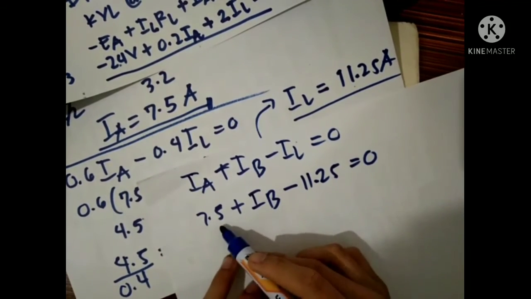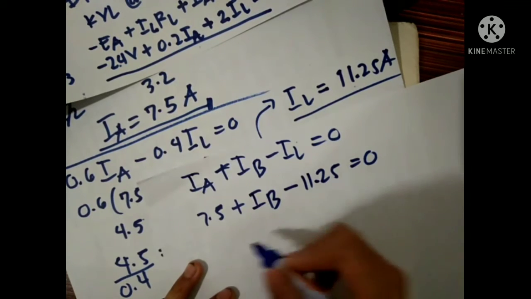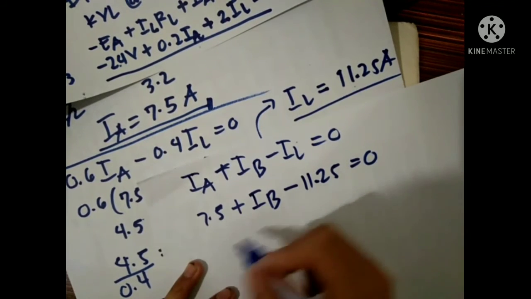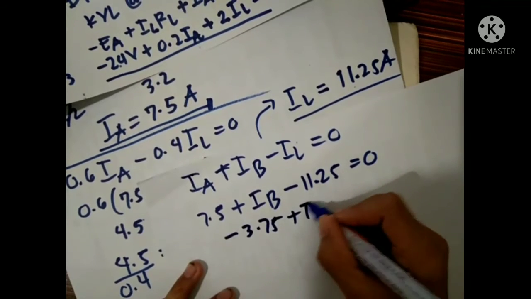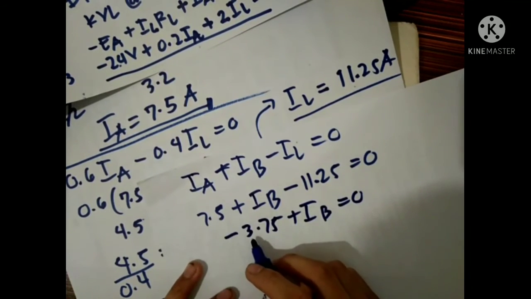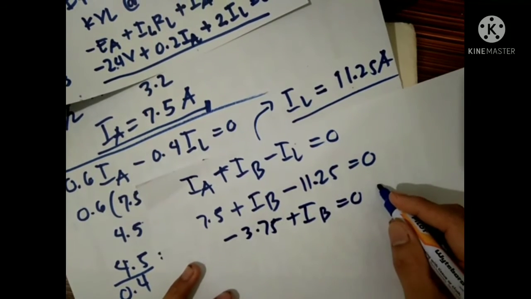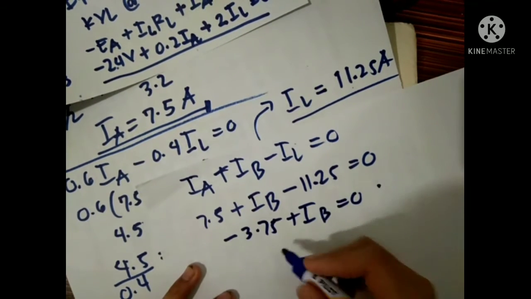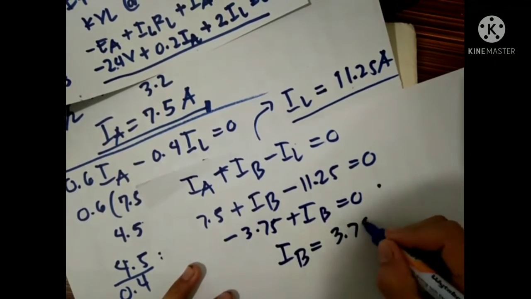So 7.5 minus 11.25 gives negative 3.75 plus IB is equal to 0. Therefore we can transpose the negative 3.75 to the other side to become positive. So IB is equal to 3.75 ampere.